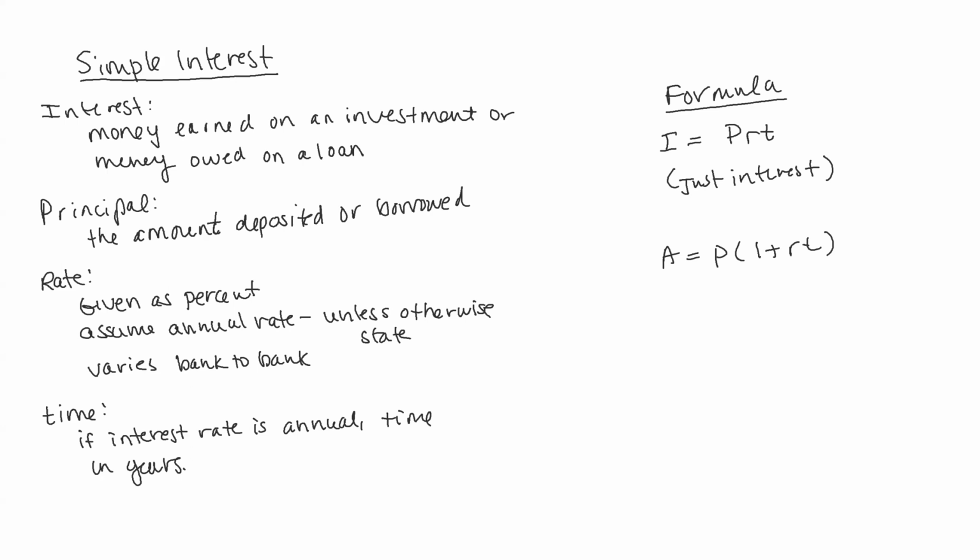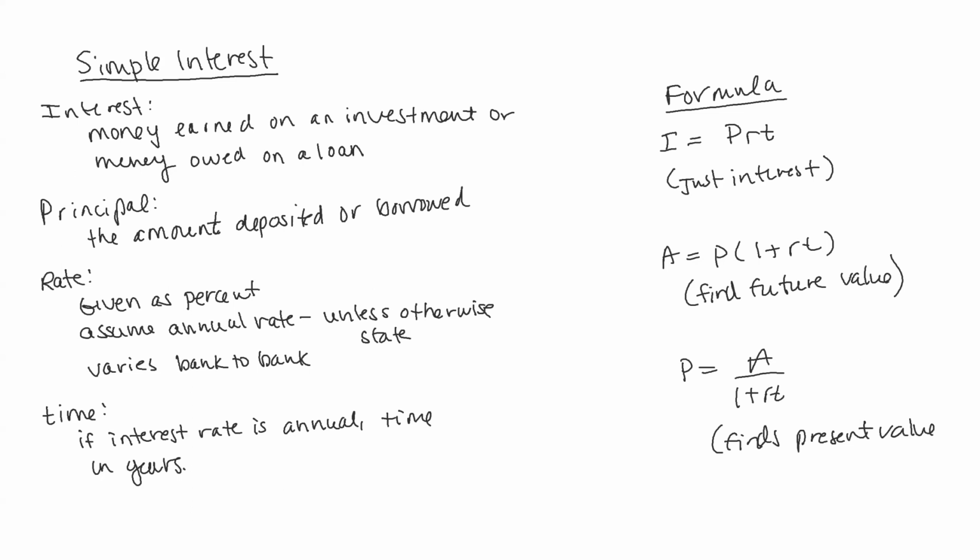This finds future value. And then we have P equals A over 1 plus RT. This finds present value. And I'll explain these as we use them. So the first one we're going to use is right here. We're going to find just interest for the next few examples.